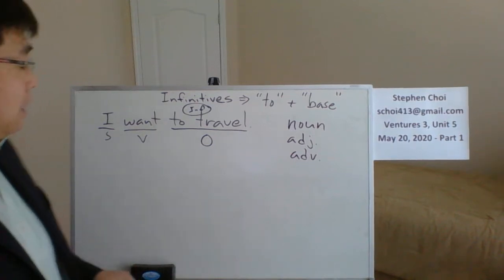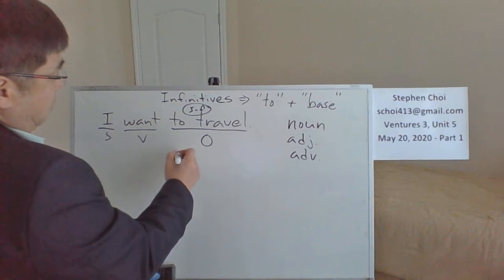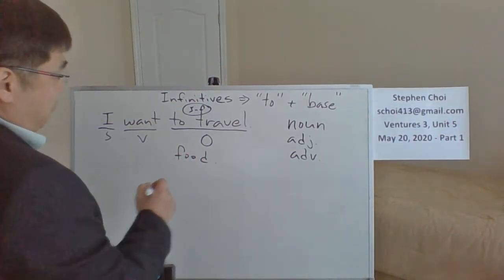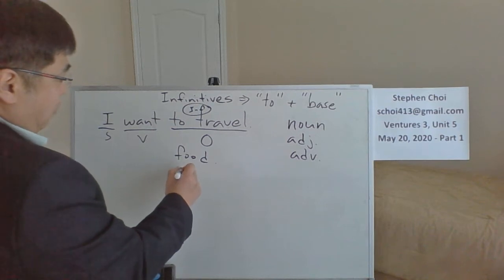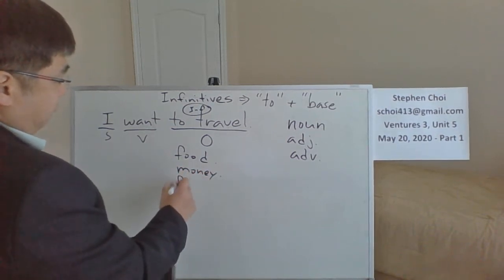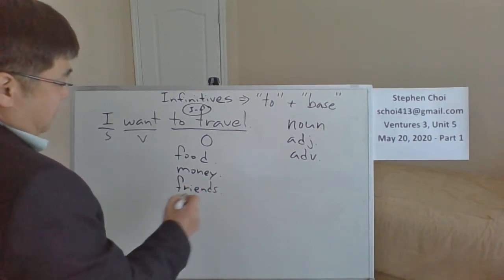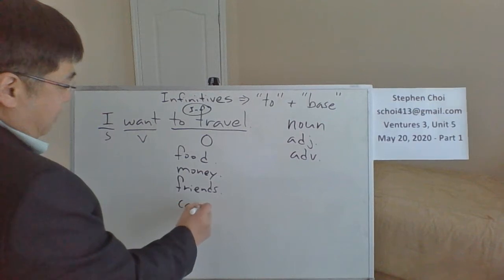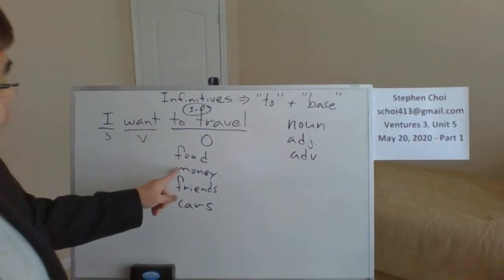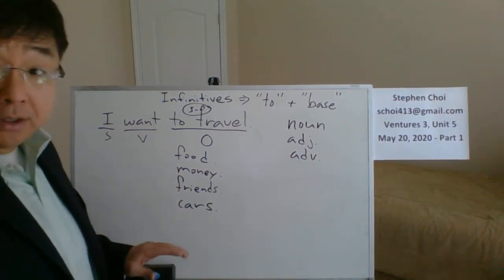Let's say I'm getting hungry again. I want food. I want money. Everybody wants money, right? I want friends. We all need friends. Let's say I want cars.